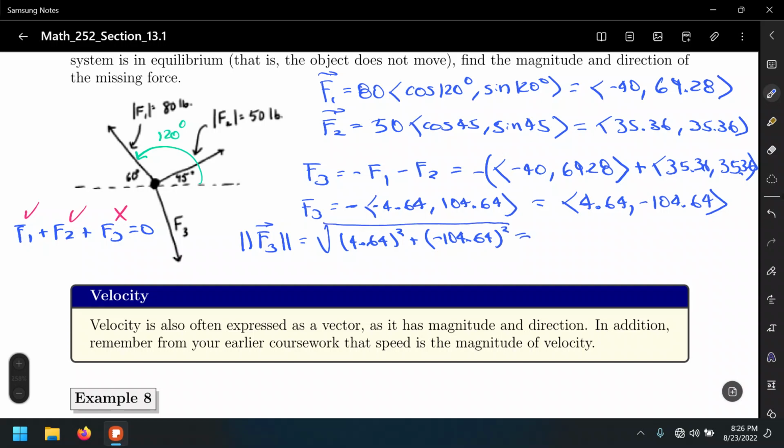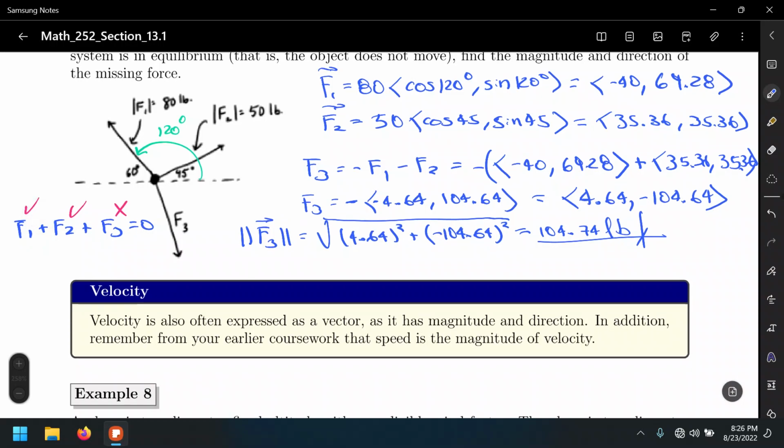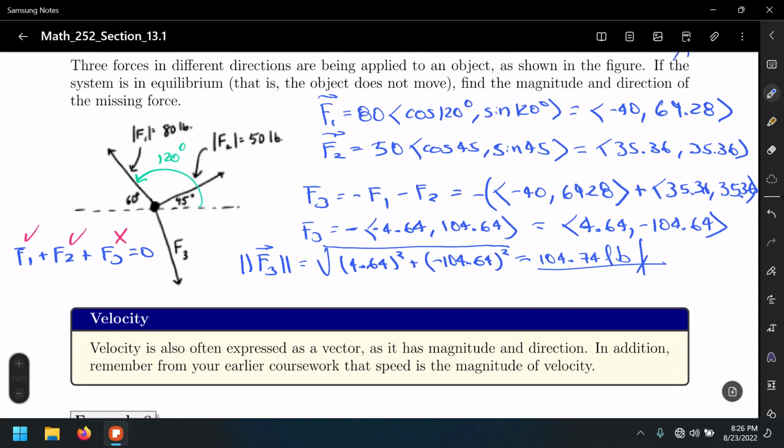And using a calculator, this should be 104.74 pounds. All right, so here is where we put the units back. And I don't think it's only the magnitude of the force that they're asking us for. They're also asking us for the direction, right?